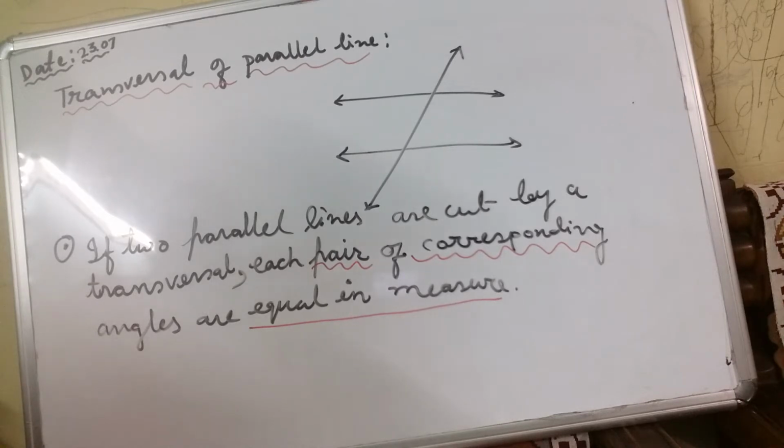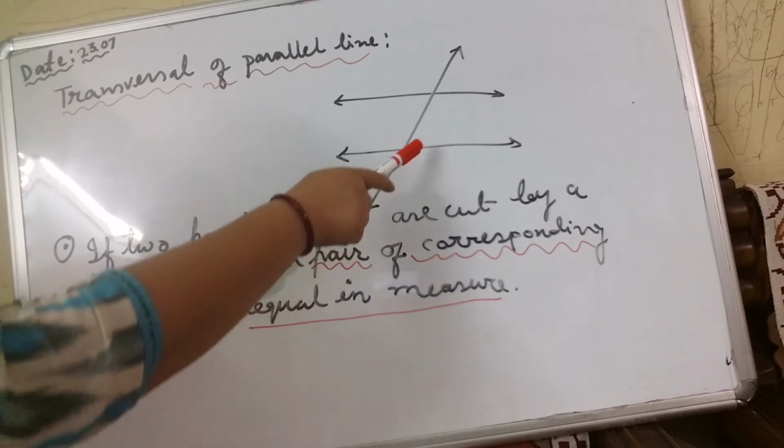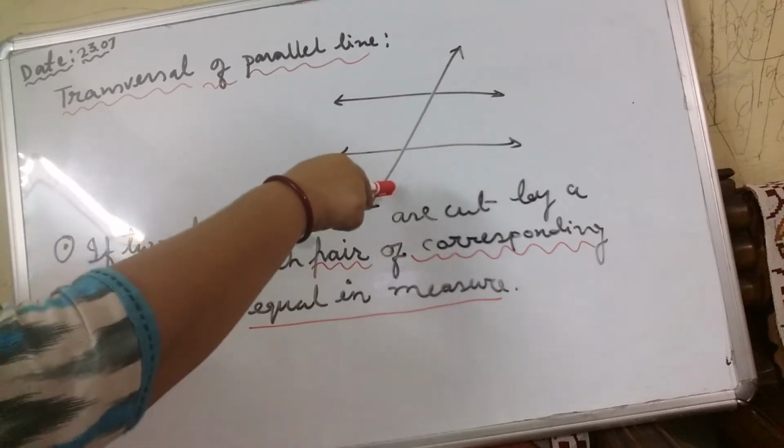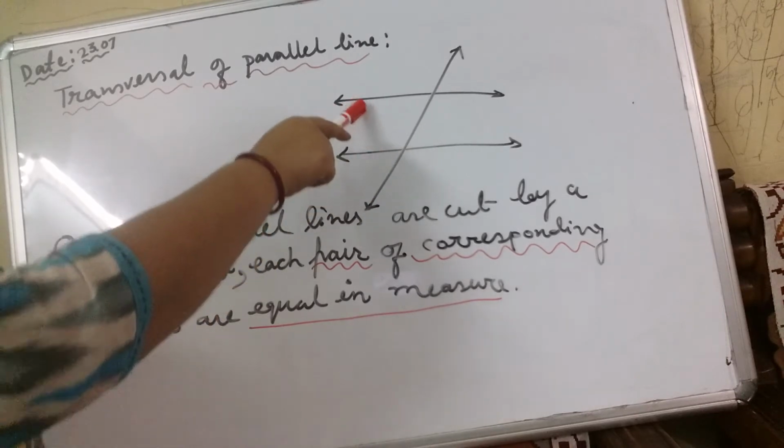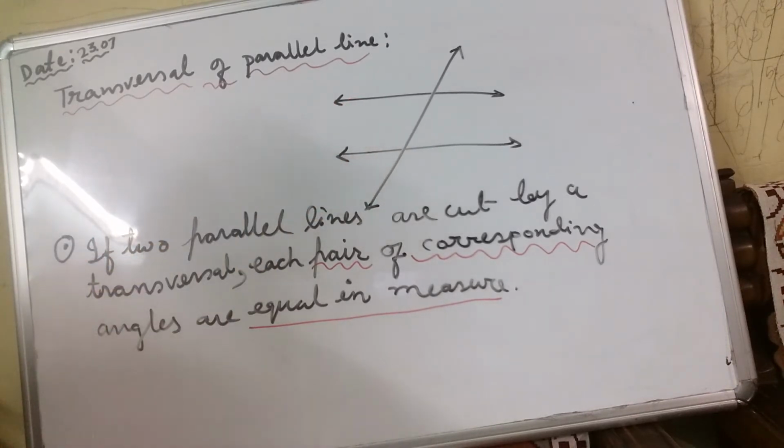When we draw a transversal on a pair of parallel lines, as you can see here, we get many relationships between the angles that are made by this transversal.